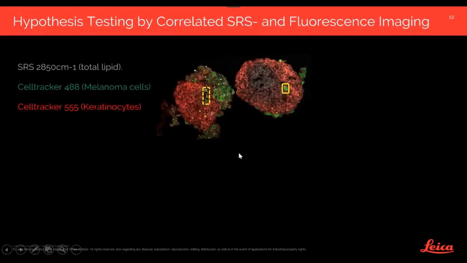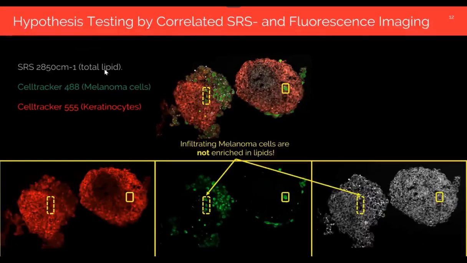And so we used an approach where we labeled the melanoma cells with CellTracker 488 and labeled the keratinocytes with another CellTracker of a different color, and took visible confocal images of those two stains, and then took in addition an SRS image at a vibration signifying the total lipid content.